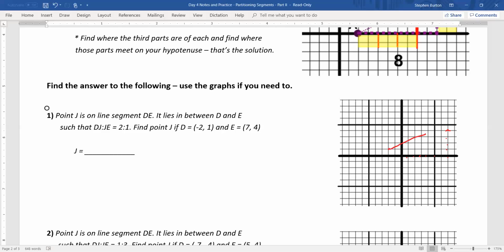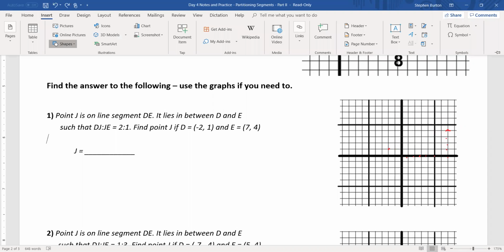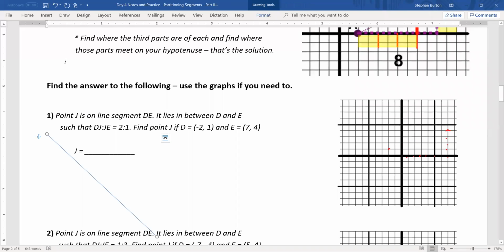Whoa, that's horrible. Undo that. Draw this line here. That's not any better. I wonder if I can just do this. Insert shapes line.